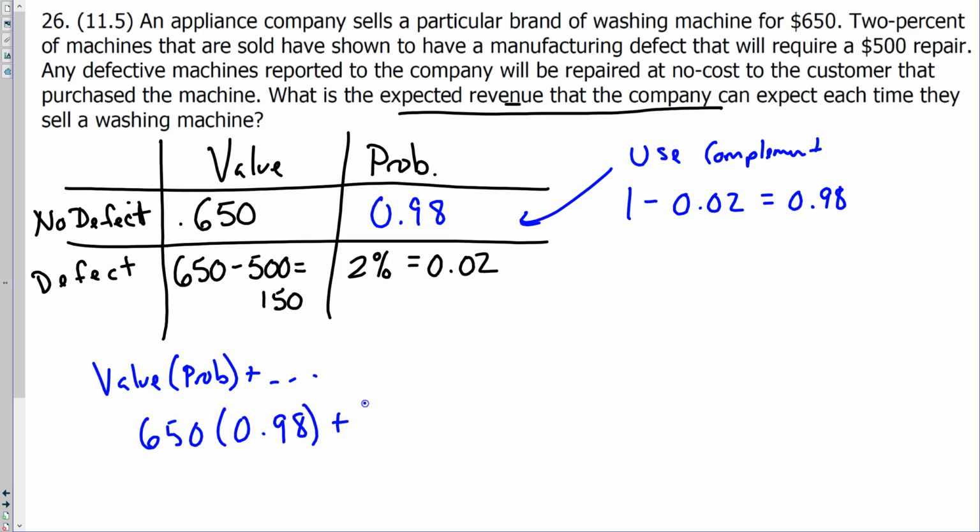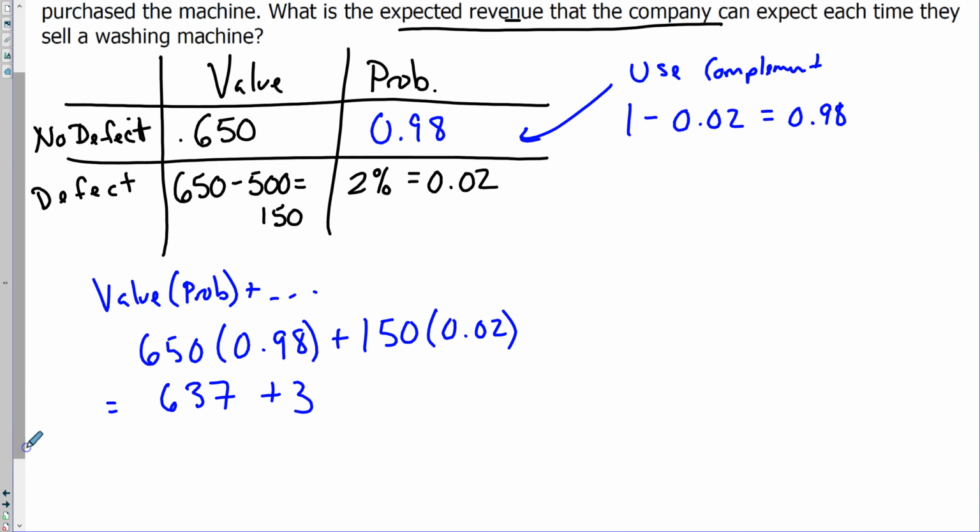Add it with the other option, which is they make $150 for a defective machine. And that happens 2% of the time, 0.02. So I'm going to multiply those, see what values I get, and then add them up. So 650 times 0.98 is 637. 150 times 0.02 is 3. When you add those up, you get 640.